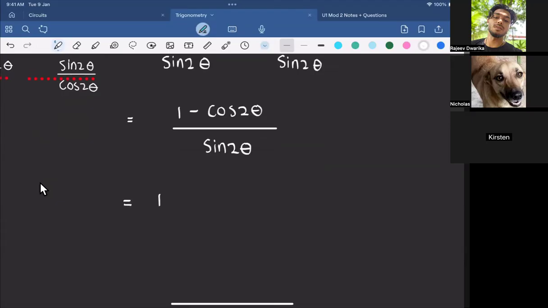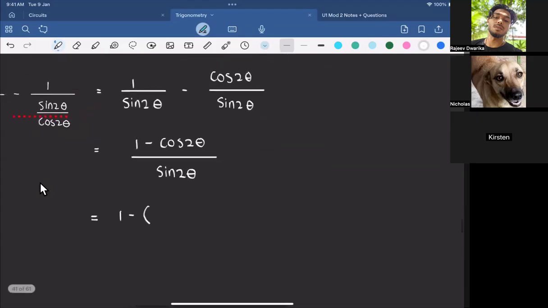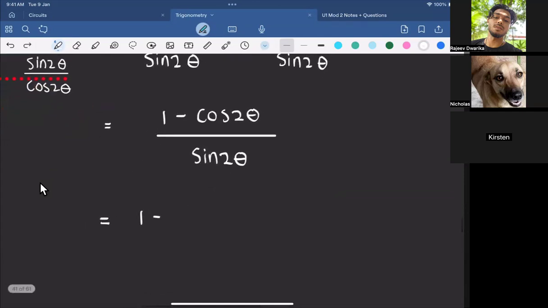Now we have to simplify it as much as we could here. Right now we have to make the replacement. So what is cos 2 theta? What do we know cos 2 theta is equal to?